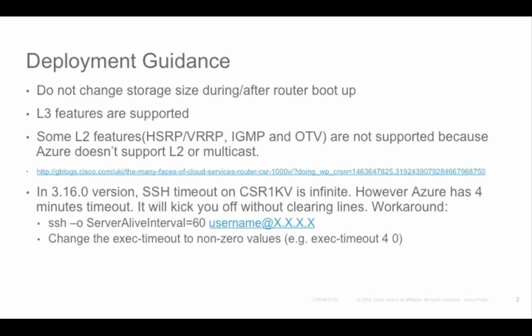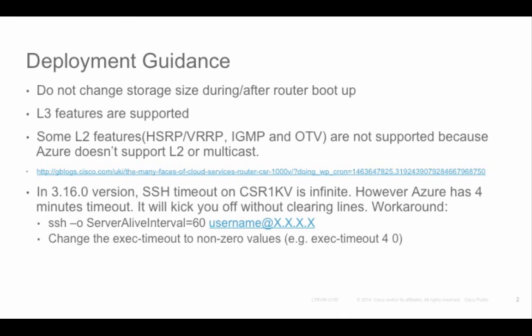This will bring an issue: if you are kicked out so many times, you may not be able to log into the router anymore. The workaround for that is, first, you can use the -o option to specify the server alive interval to 60 seconds in your SSH command. So after 60 seconds, your SSH client will send a keepalive to the server to maintain the connection, which will avoid this problem.